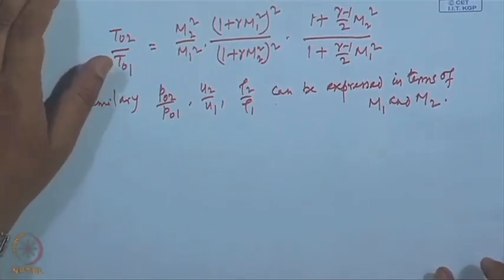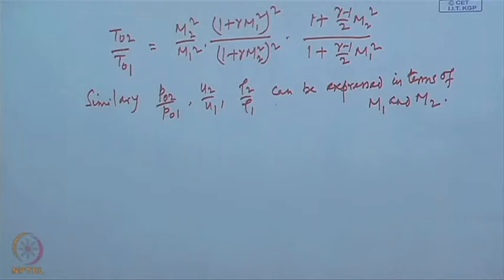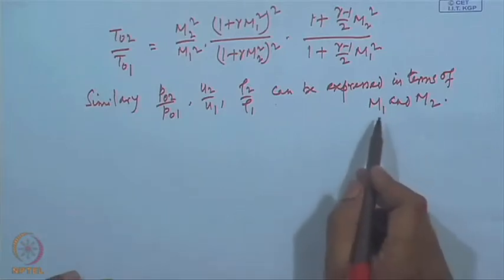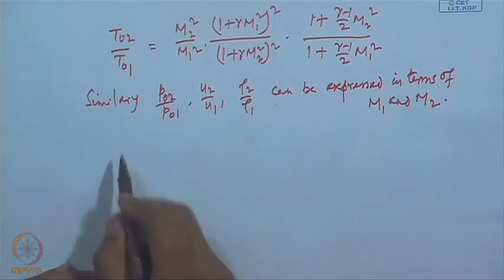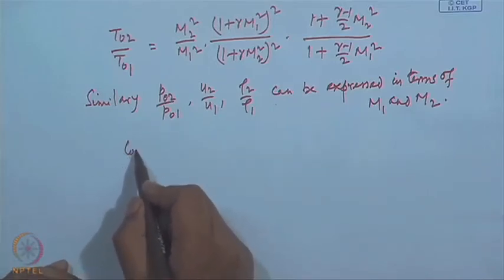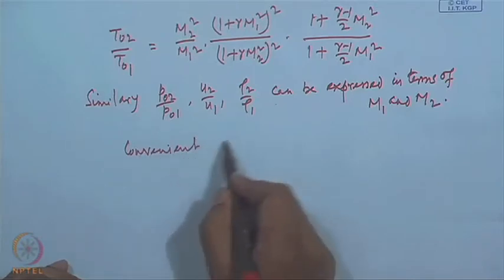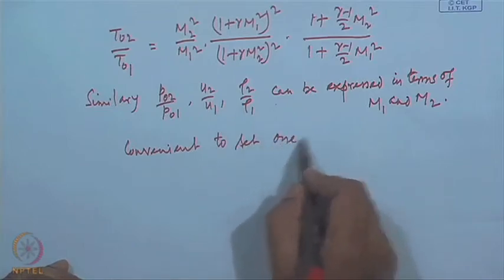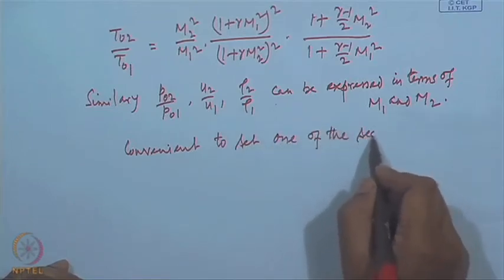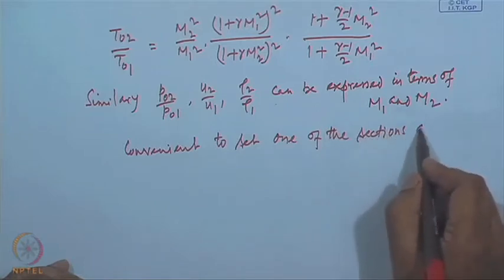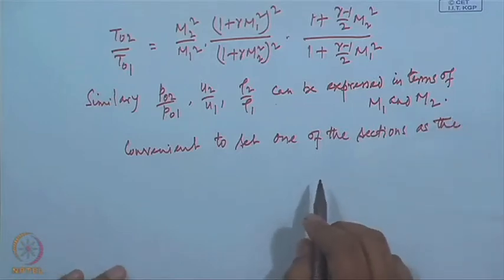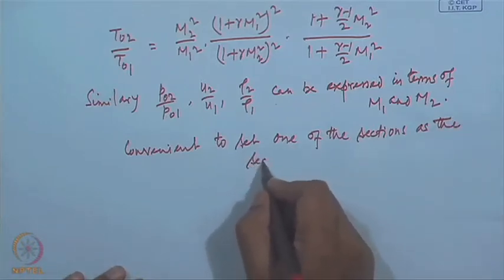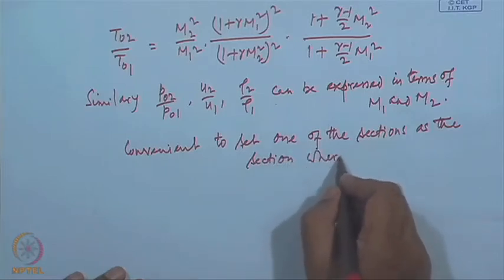Now, it is quite useful and convenient to set one of these states, that is, either condition 1 or condition 2, as the sonic condition, that is, one of the sections as the section where M equal to 1.